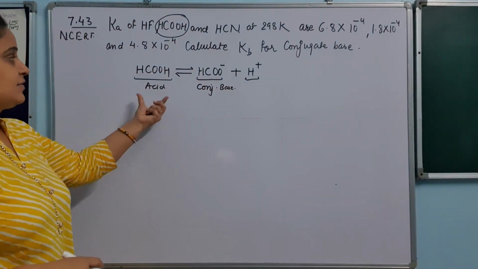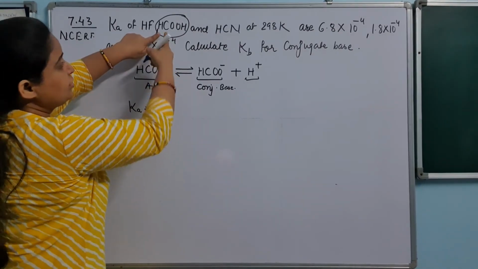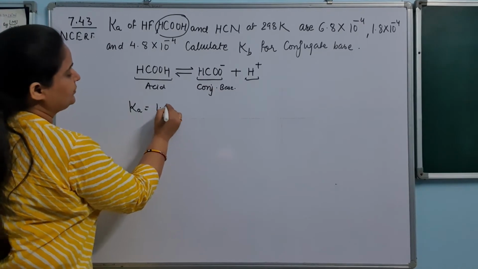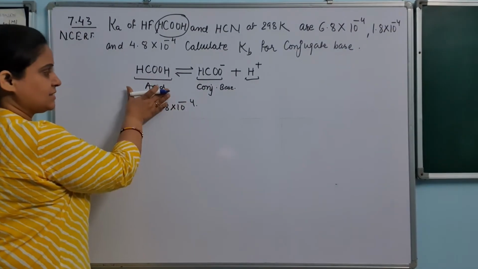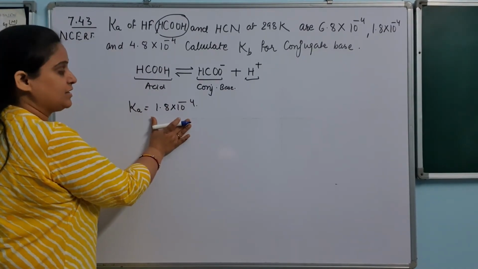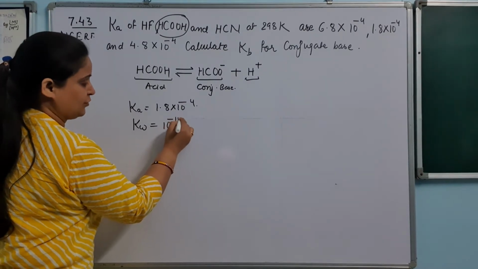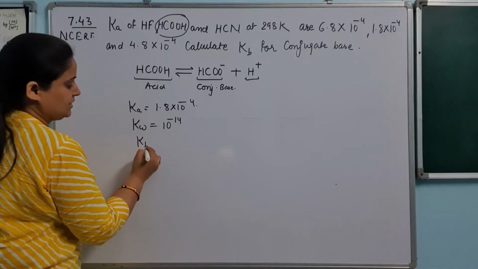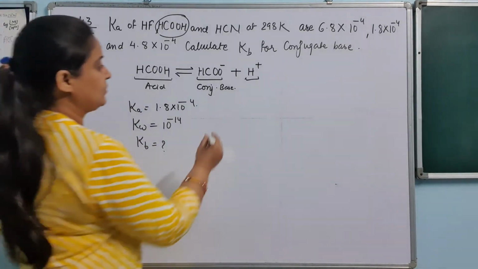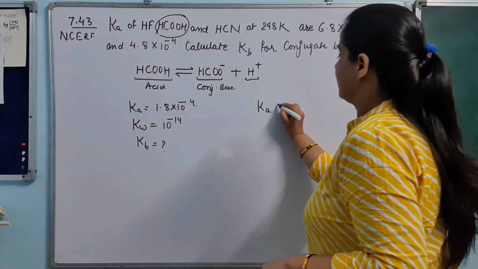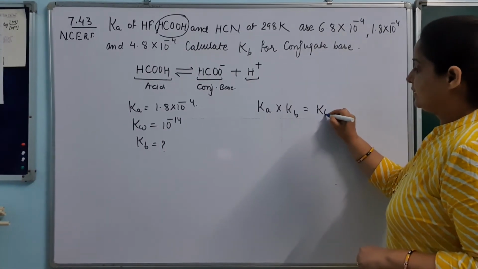Now, what is given to you? Ka is given to you. What is it for HCOOH? 1.8 into 10 raised to power minus 4. So the Ka for this is 1.8 into 10 raised to power minus 4. Kw is always fixed, and it is 10 raised to power minus 14, and Kb is asked. Isn't it easy? We have already seen the relationship between them, that Ka into Kb equals Kw.